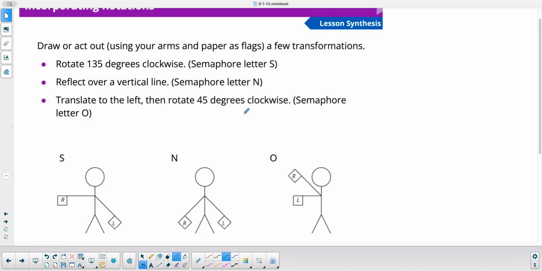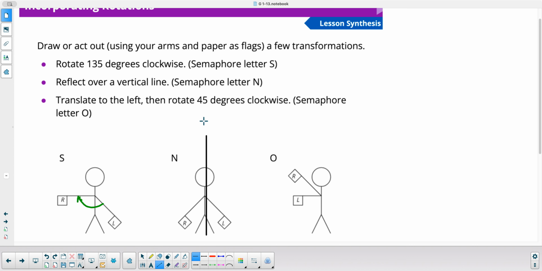All right, draw or act out using your arms as paper flags, a few transformations. Rotate 135 degrees clockwise, so 135 degrees clockwise. So I'm rotating L to R right there. Reflect over vertical line. So here's my vertical line right here in the middle.